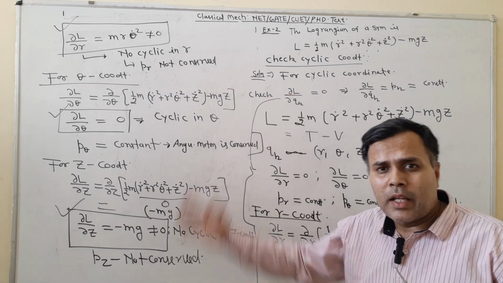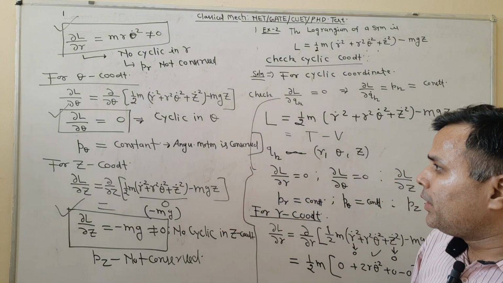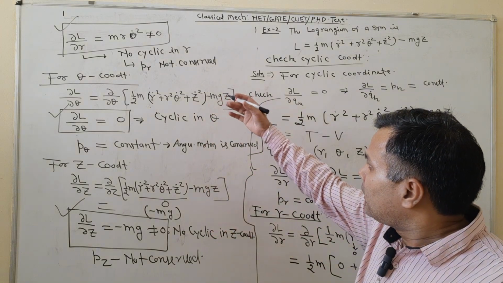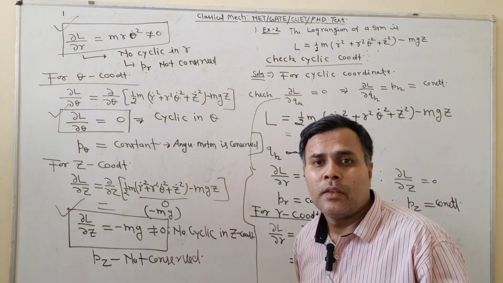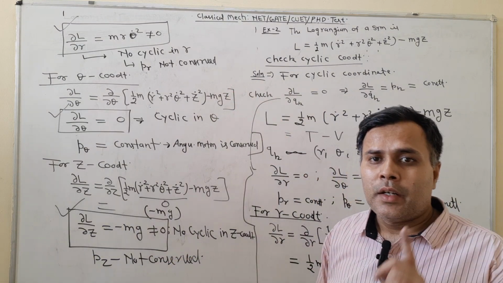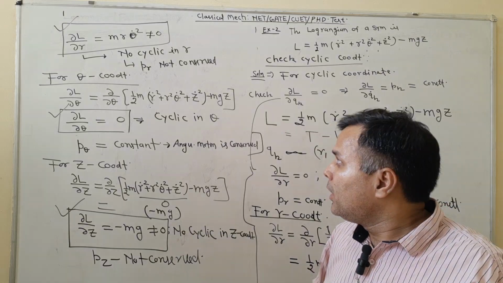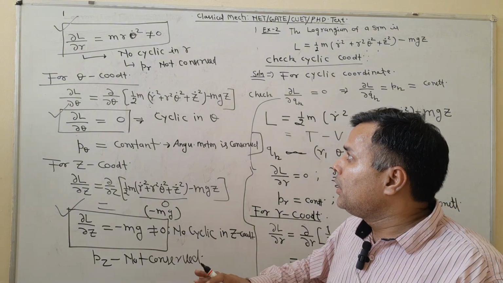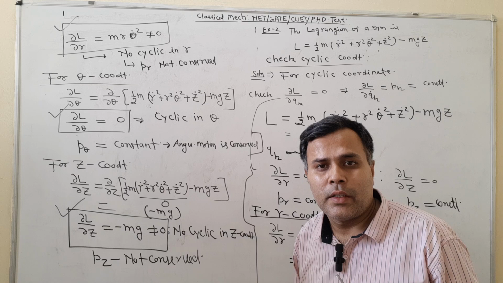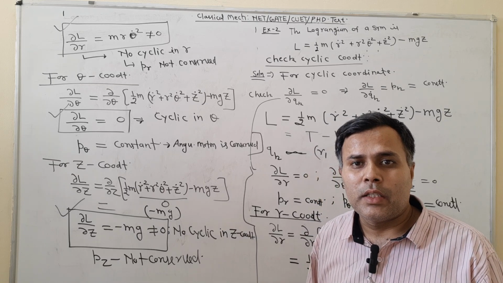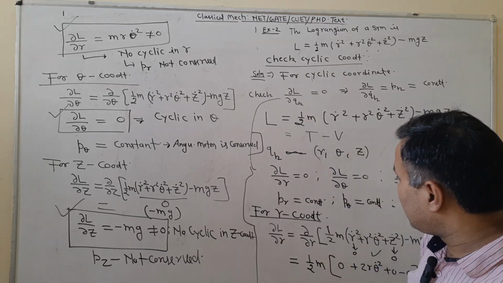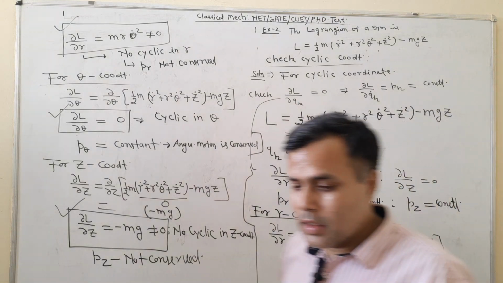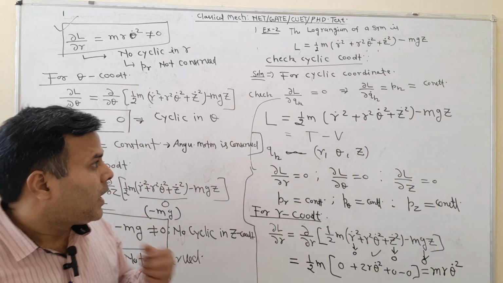So we can find out generalized momenta and cyclic coordinates. Corresponding to this Lagrangian, we have only one cyclic coordinate, which is theta, and there is no constant of motion in the r and z coordinates, but there is a constant of motion in the theta coordinate. So this is the way to analyze the concept of generalized momenta and cyclic coordinates.